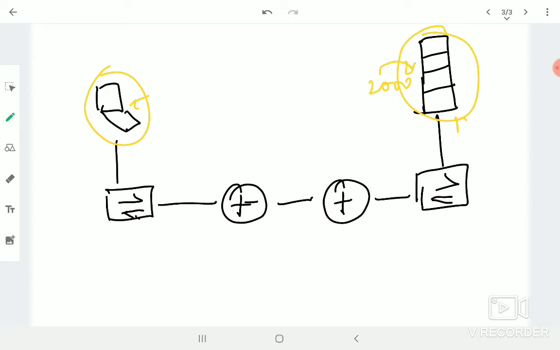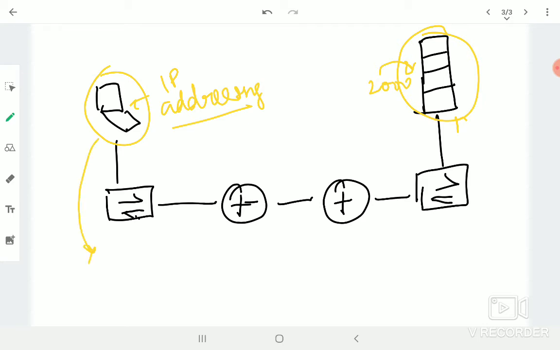At the network layer, what we do is give some sort of logical addressing, which we call IP addressing. So IP addressing, in simple layman terms, is a name that we assign to devices.